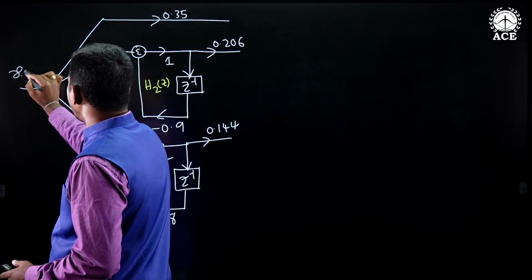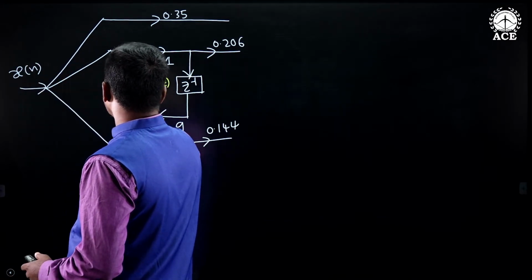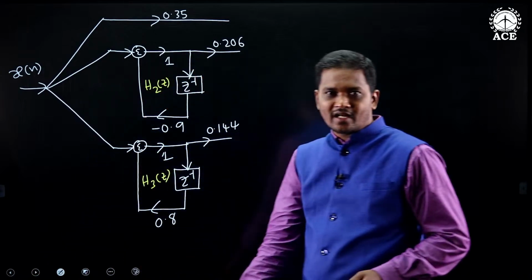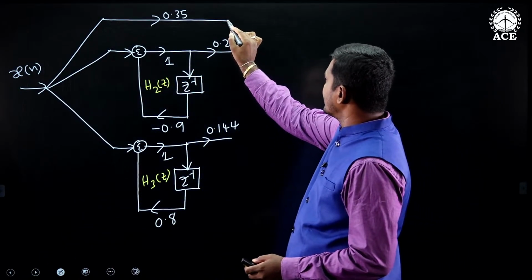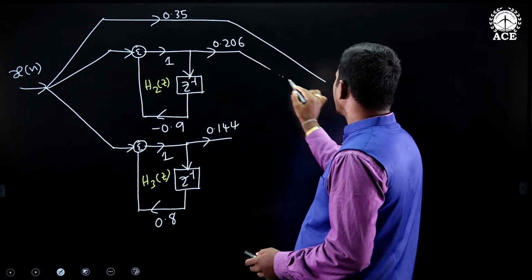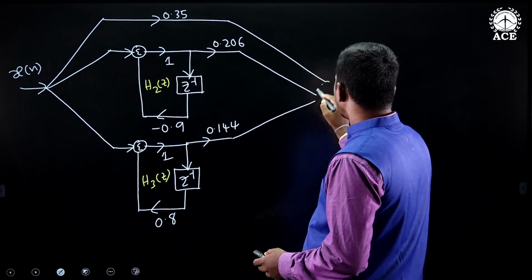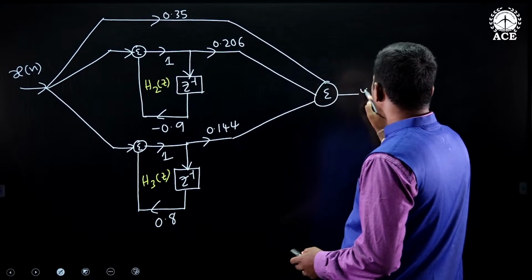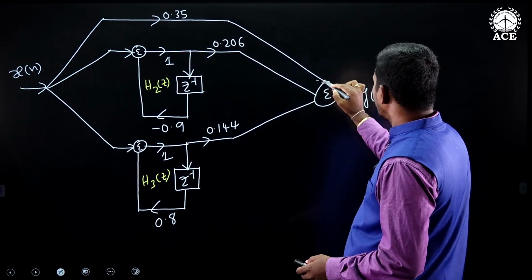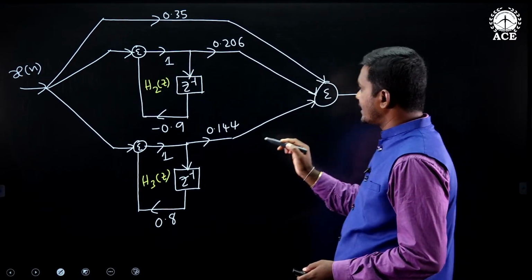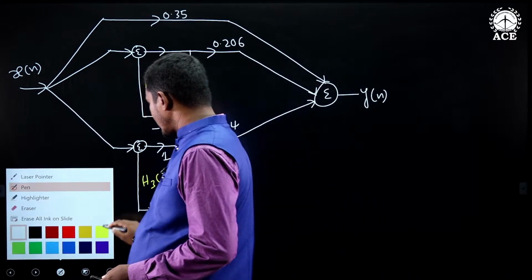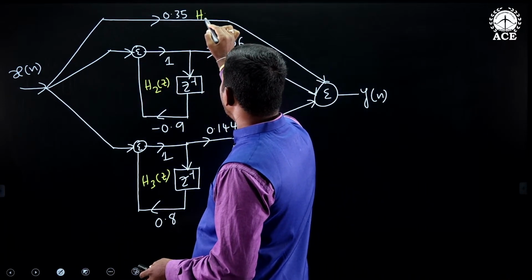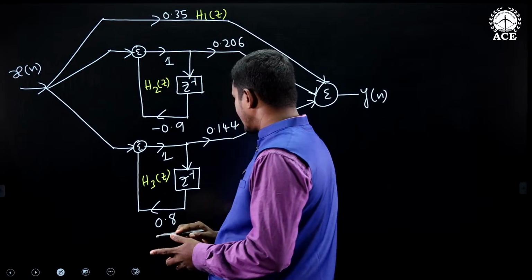This is x of n. All the outputs you add in a summer. This produces y of n. This is nothing but your parallel form.